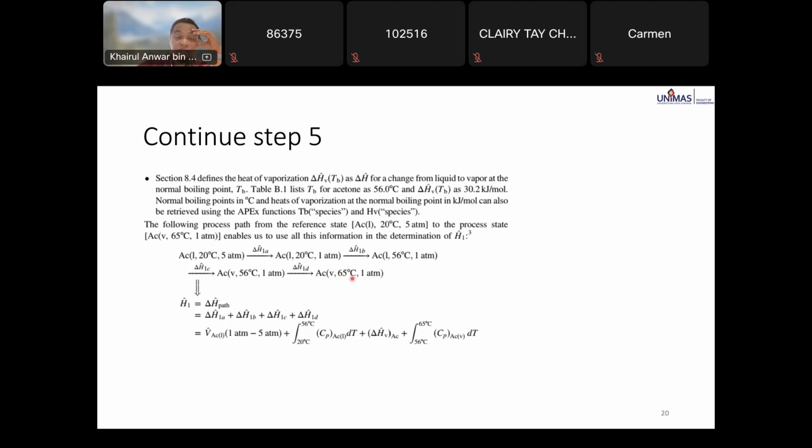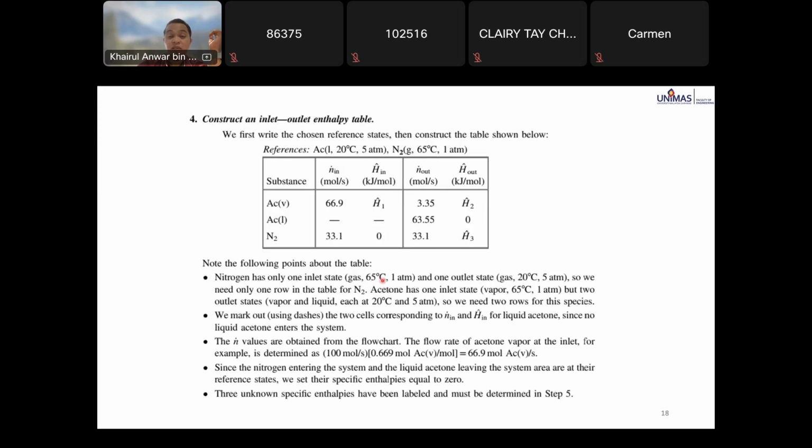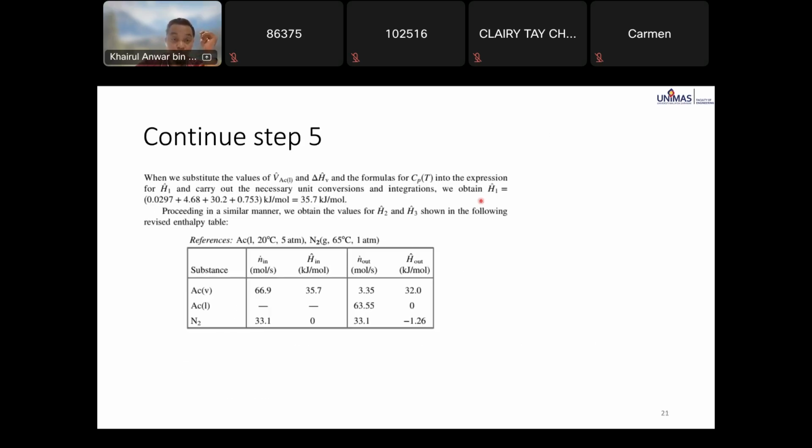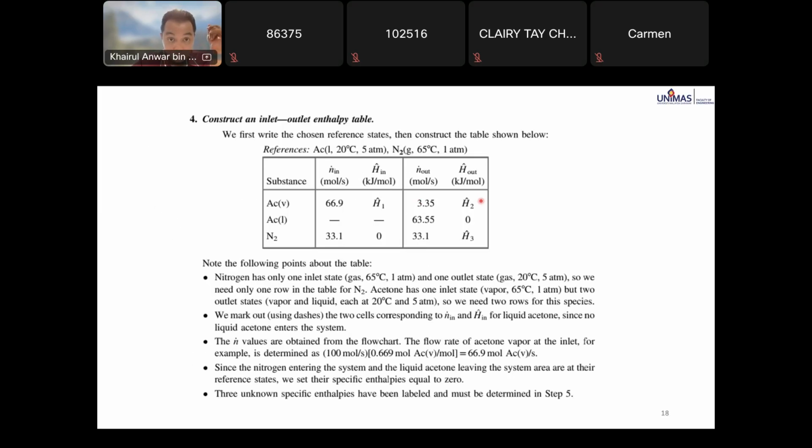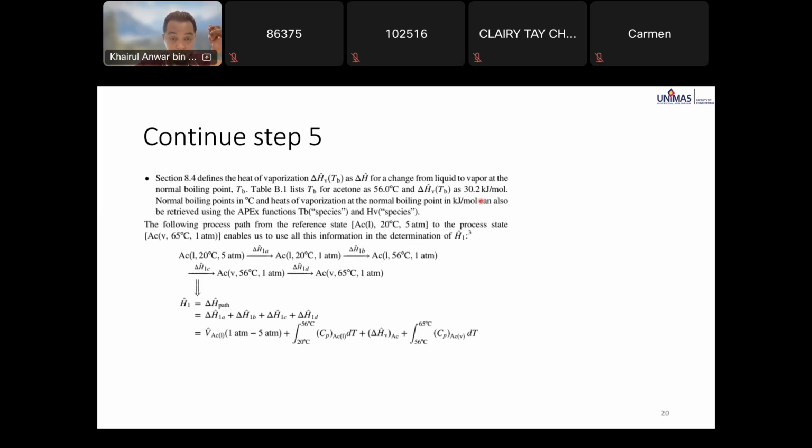So acetone vapor 65 degree C 1 atm is referred to this one, H2. H1, sorry. H1. So how many enthalpies do we need to calculate? Four.